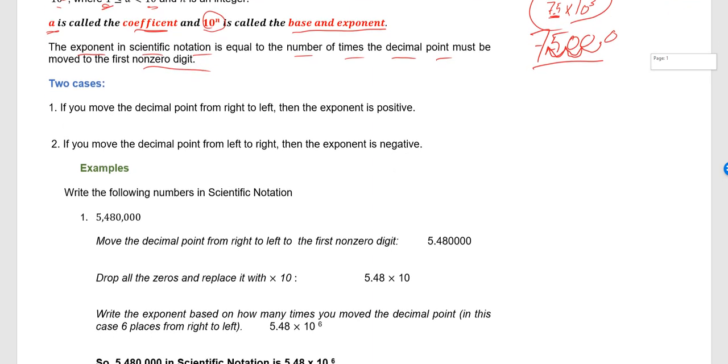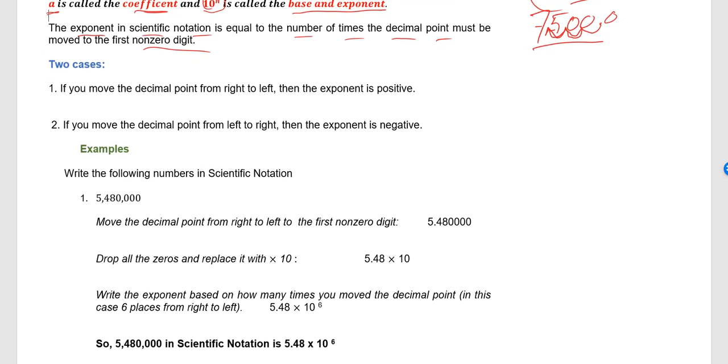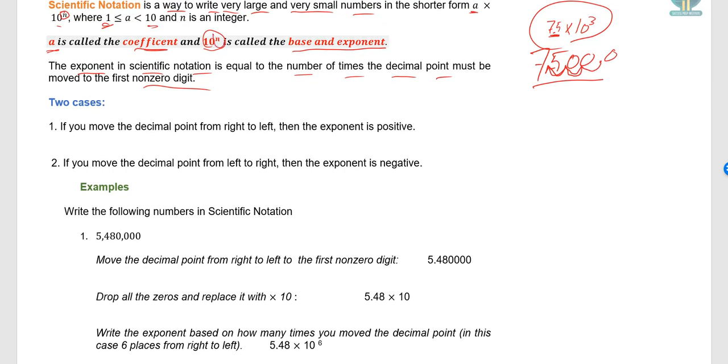But let's just reconfirm the two cases of the different values that the exponent could take, whether it's going to be negative or positive. The exponent being the n value that's up here. So in the case where you move the decimal point from the right to the left, so opposite the positive direction in the number line, then the exponent is positive.